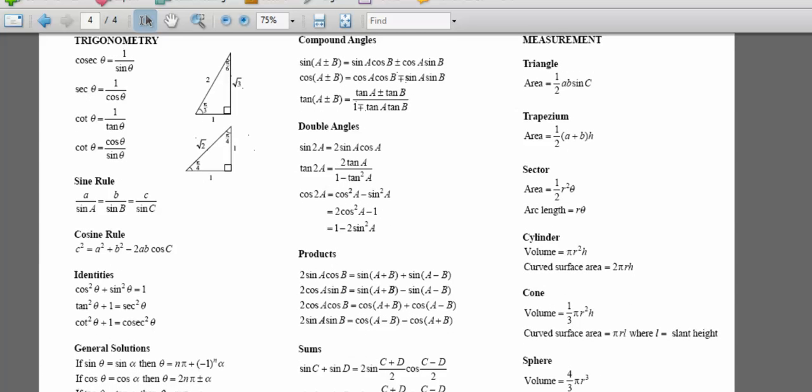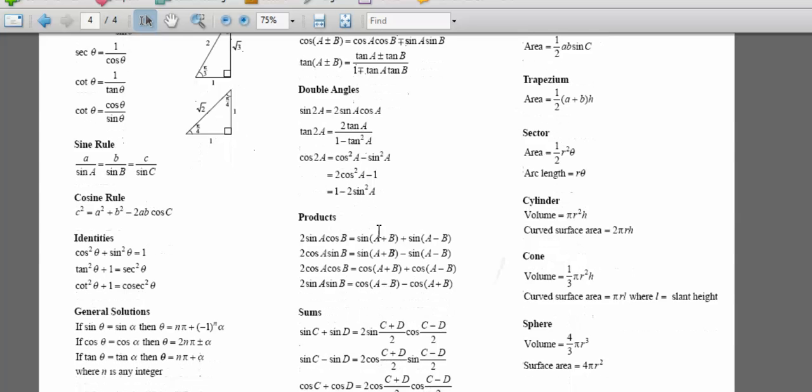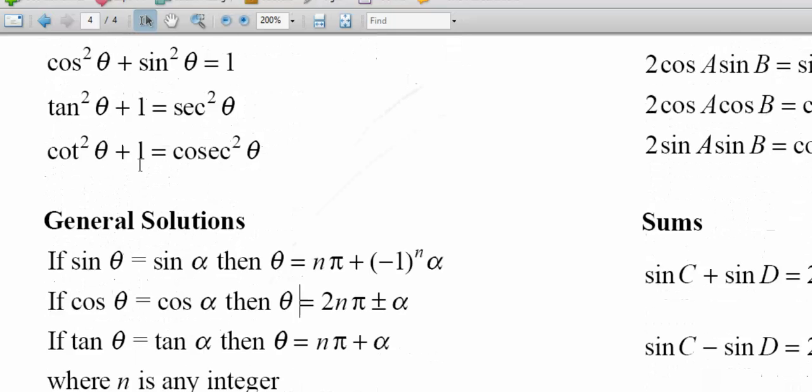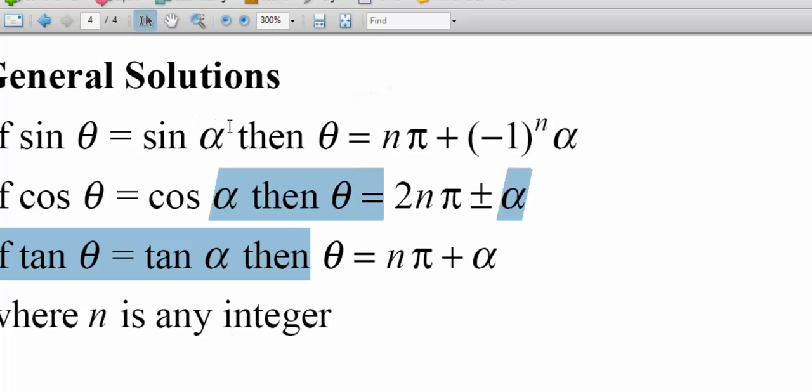And on the left hand side of this page there's a whole host of formulas for trig functions. In particular, we're looking for a section on general solutions, and if you look carefully enough you'll find it at the bottom left hand corner of this page. I'll zoom in, and here we go.